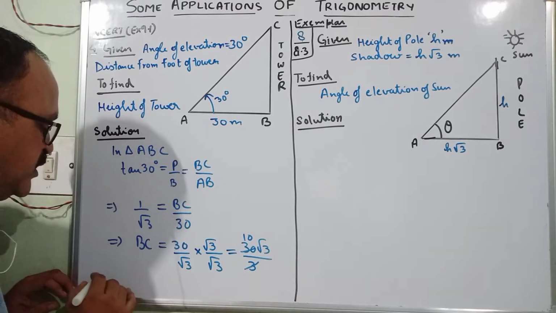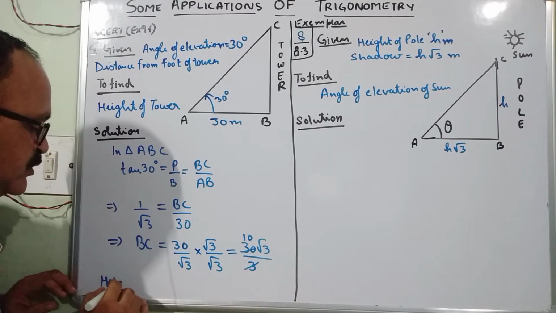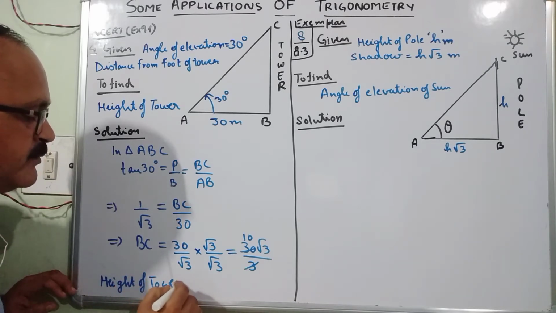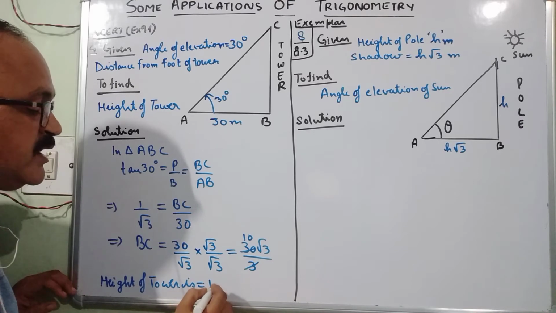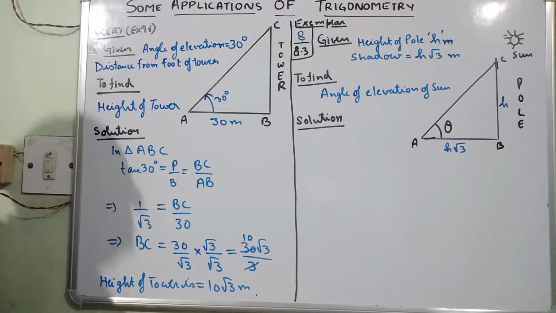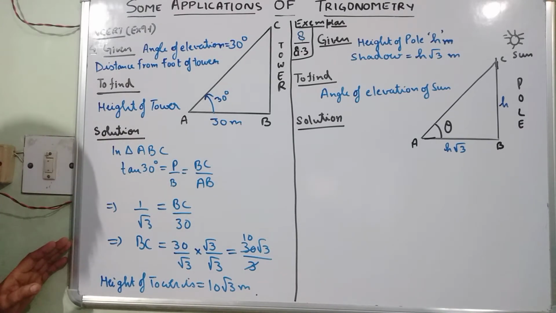Your answer will be: height of tower is 10 root 3 meters. Clear?